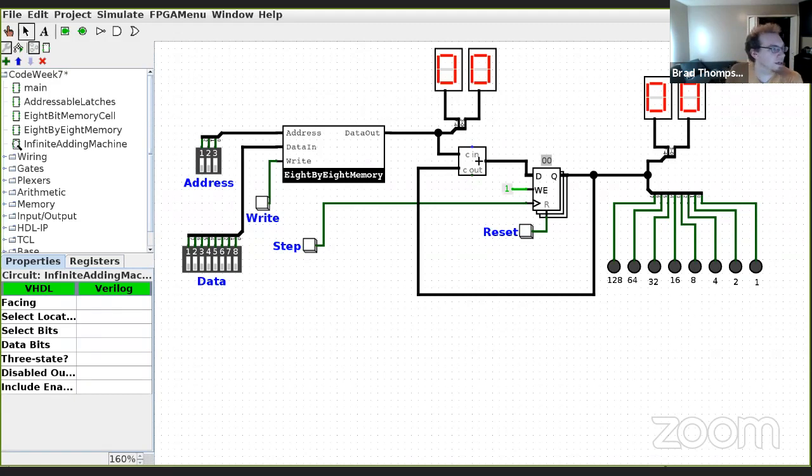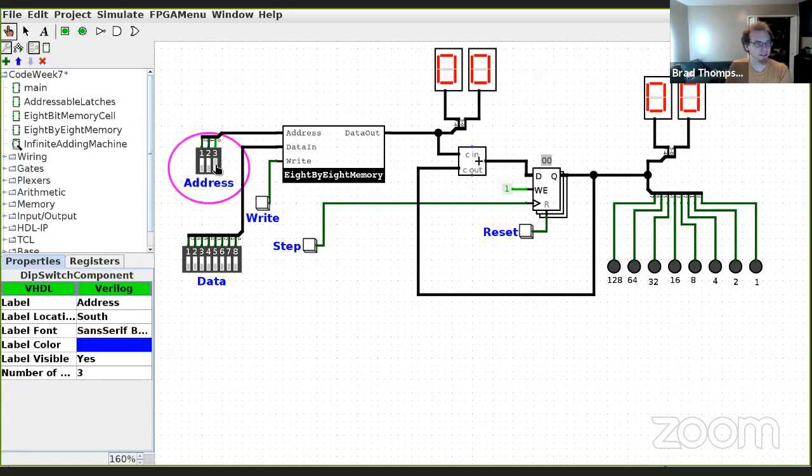So, we can take that idea and shove it into our adding machine that we built last week. My version here is a little bit simpler than the thing they get to in the book, but it's a start. So, we have one of these 8 by 8 memory arrays here.